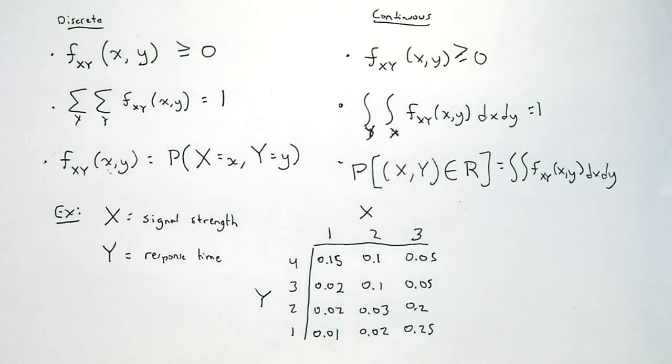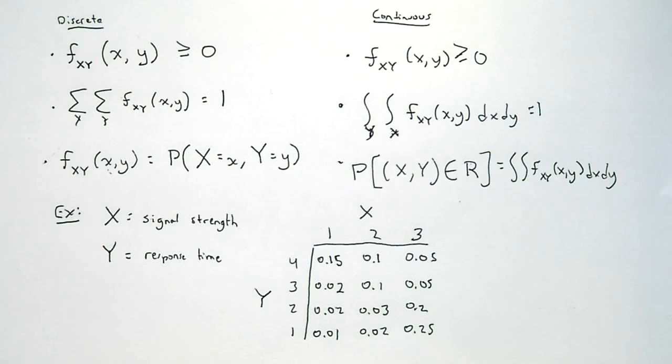I would say the most helpful property would be to determine what's called the marginal probability. So my joint probability tells me the probability that x equals some value x and y equals some value y. So we need always to define the two variables.